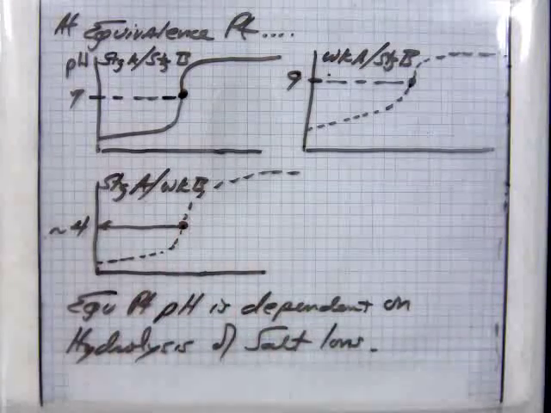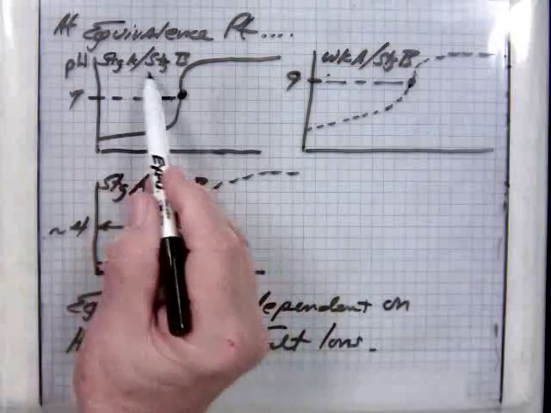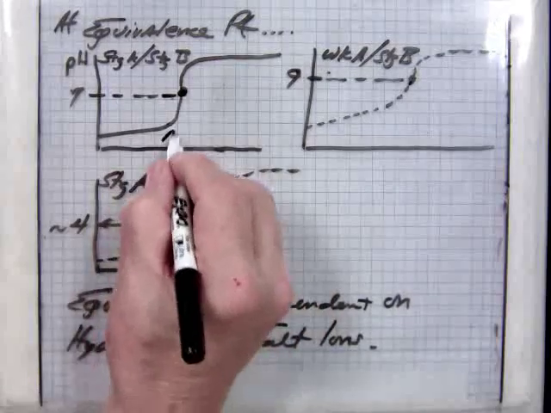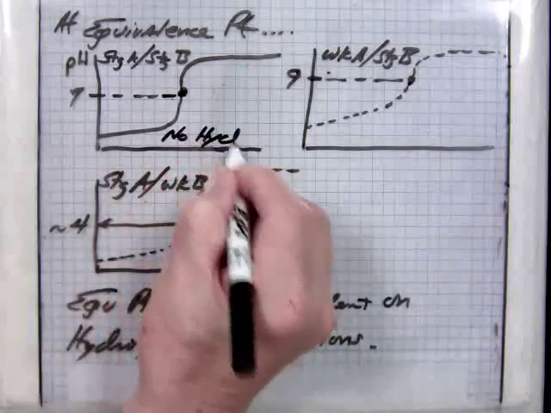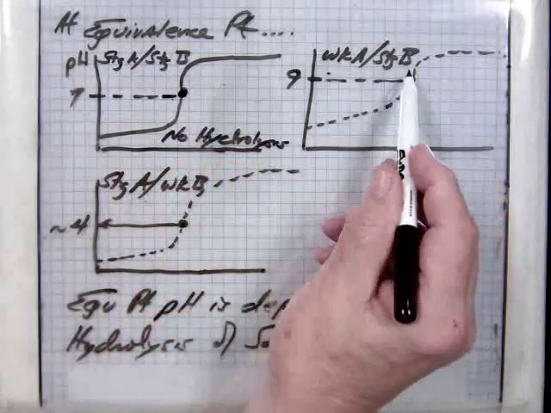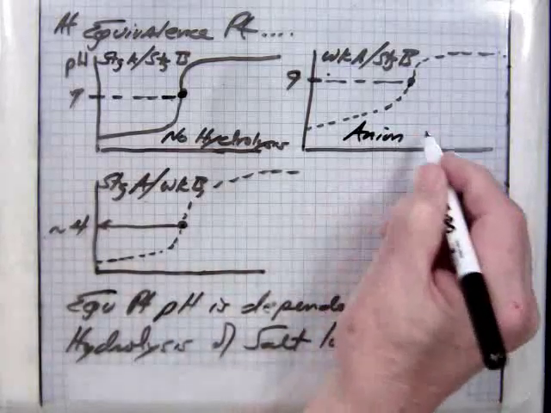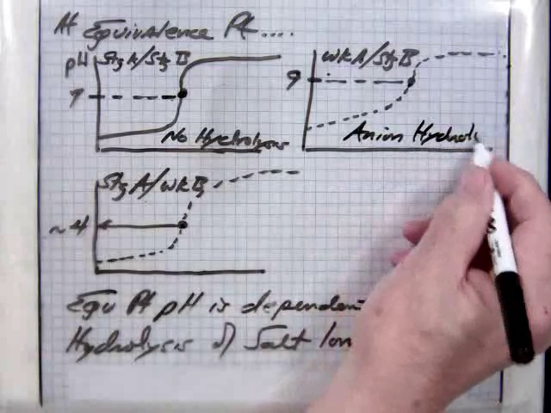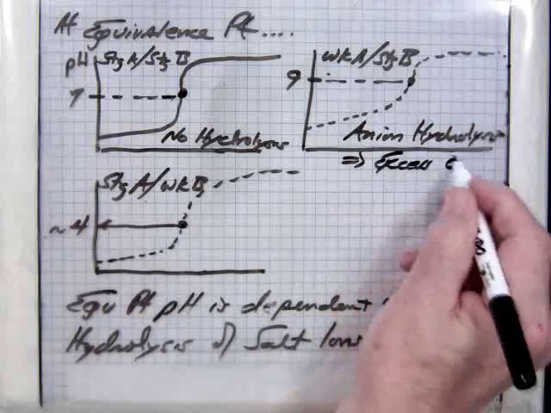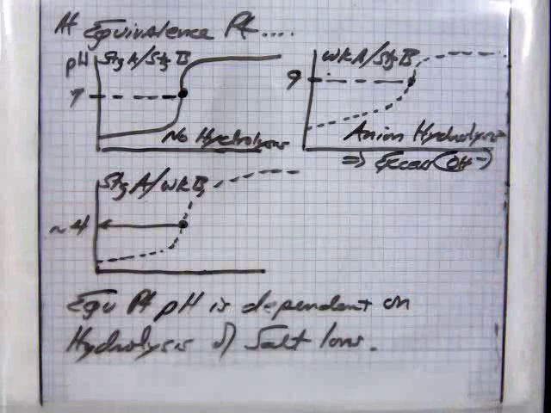Now, just as generalizations, for the salt generated in a strong acid, strong base titration, the ions do not hydrolyze. There's no hydrolysis here, and I'll show you in a minute. In the weak acid, strong base case, the hydrolysis is of the anion, and this leaves an excess of hydroxides. That's kind of a generalization for the weak acid, strong base.